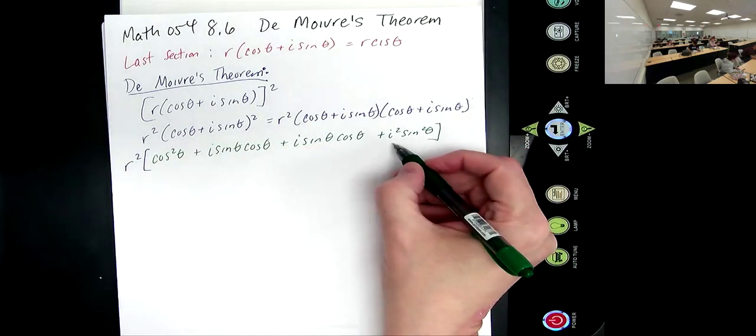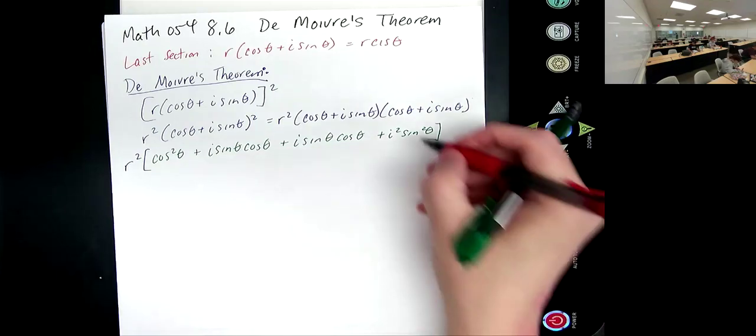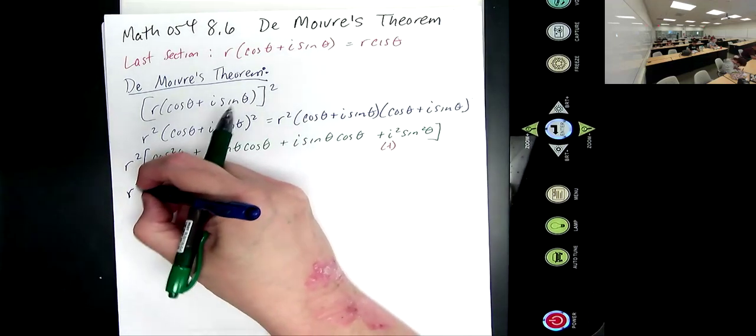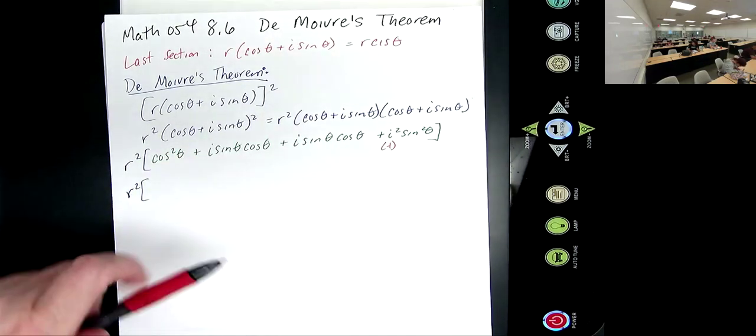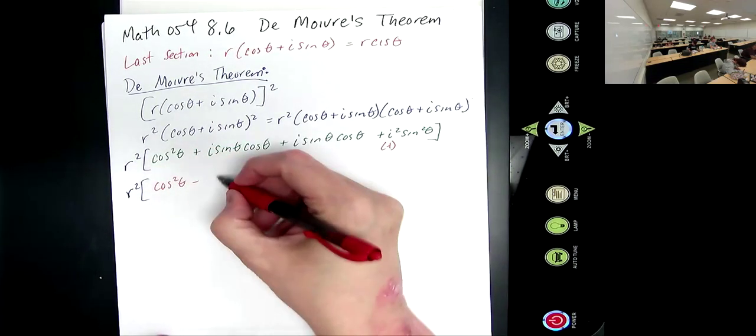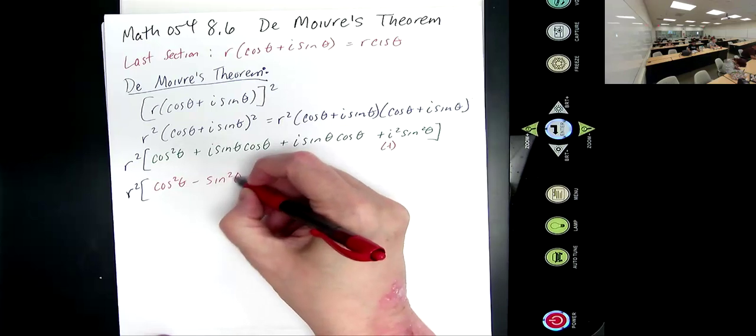Okay, what happens when we square the I? It turns into -1. So it is not an imaginary term anymore. Let's group together our imaginary terms and our real terms separately. I have a cosine squared theta minus sine squared theta. That's the real portion.